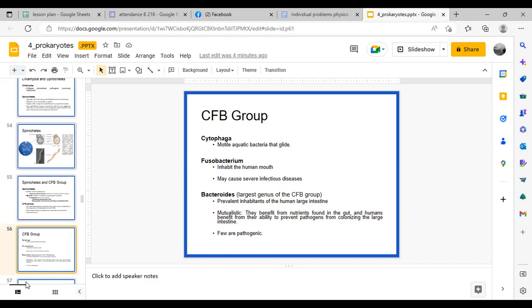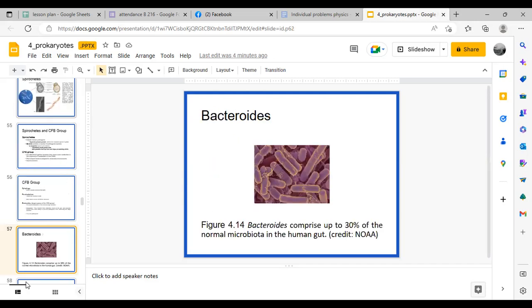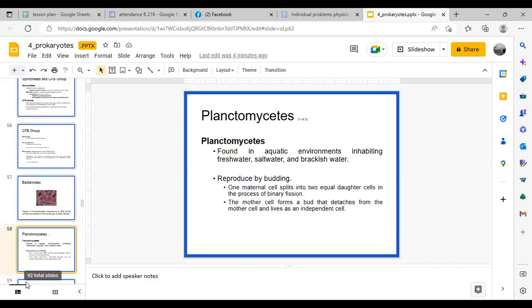Okay, so only a few are pathogenic. So up to 30% make up our large intestines. 30% yan ng population ng normal flora sa intestines.